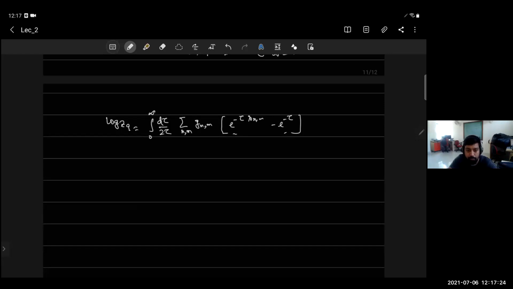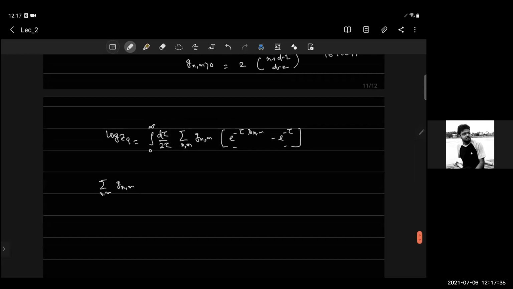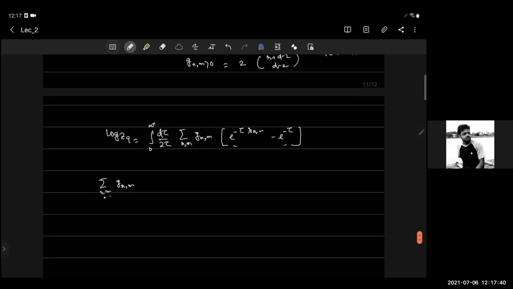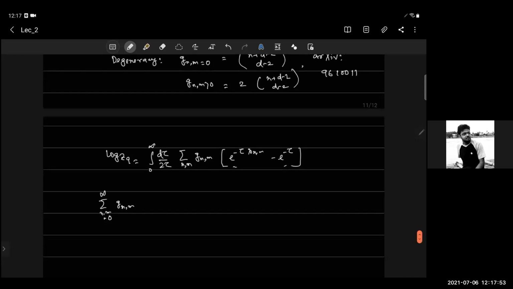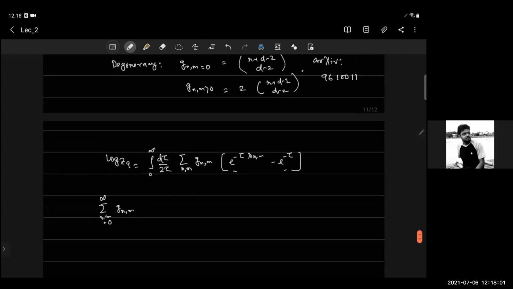Now let's look at the second term first, where you have to do the sum over the degeneracy g_nm. Now the way one performs this, because g_nm is a polynomial and n and m all run from 0 to infinity, how would you do this summation? You have to either zeta regularize, or use some other regularization method, because it appears to be infinite in the first place.